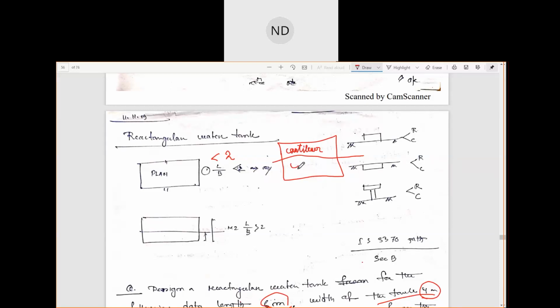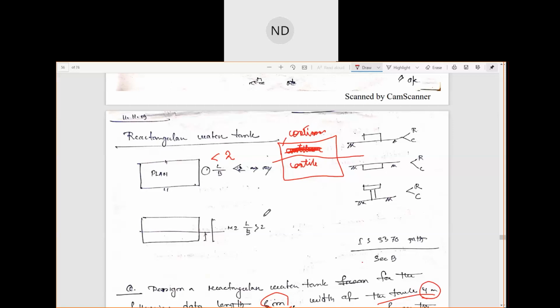Sorry, this is wrong. The upper portion will be designed as a continuous frame when your ratio is less than 2. So this top portion will be designed as a continuous frame.